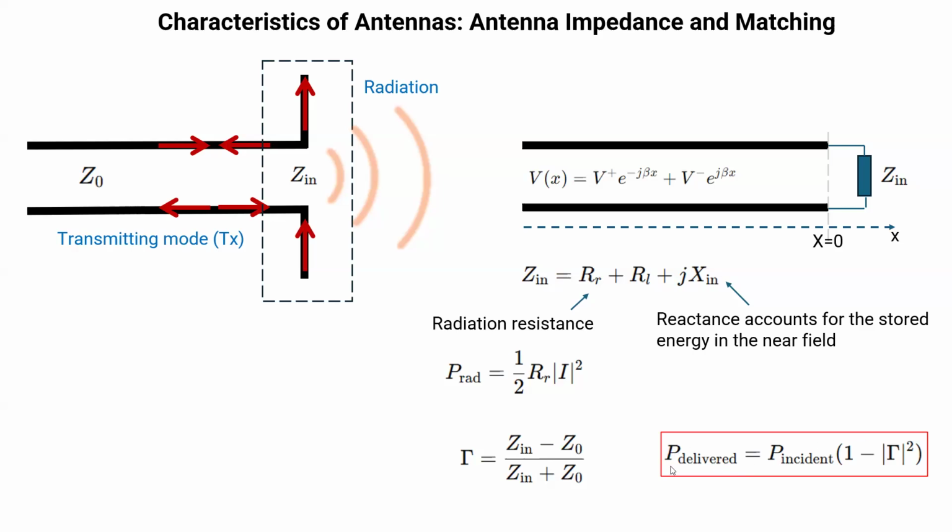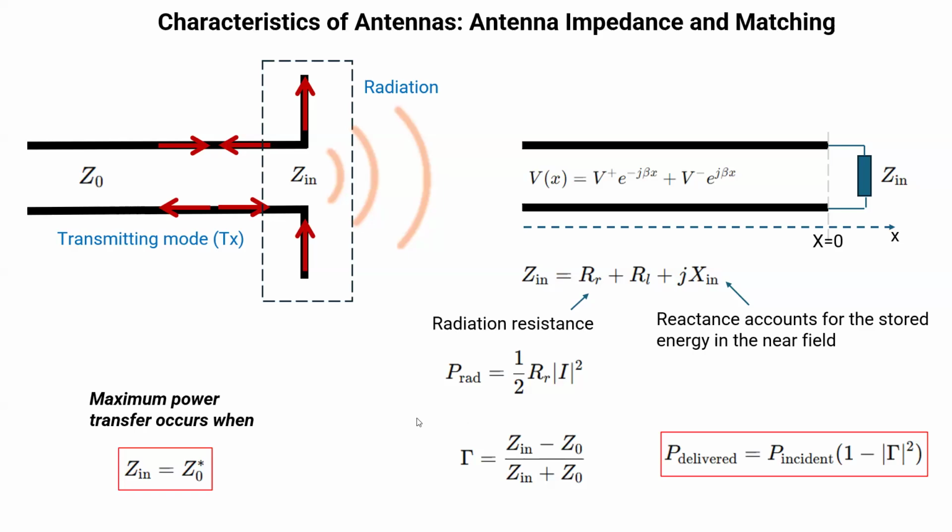The only case when the delivered power is equal to the incident power is when the reflection coefficient is 0, when it's vanishing. That can happen when the input impedance of my antenna is equal to the transmission line characteristic impedance.